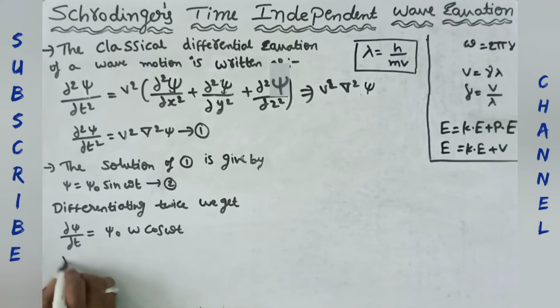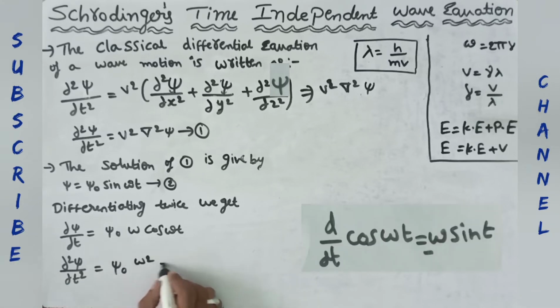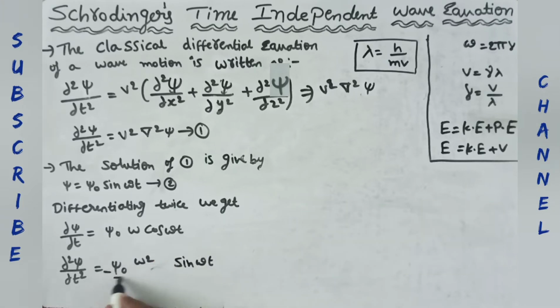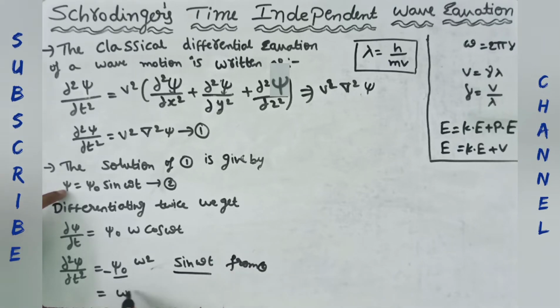Again we differentiate: dou square psi by dou t square equals psi naught omega square into minus sin omega t. I write this minus here. Psi naught sin omega t, when we see from equation 2, we can write as psi. So dou square psi by dou t square equals minus omega square psi.